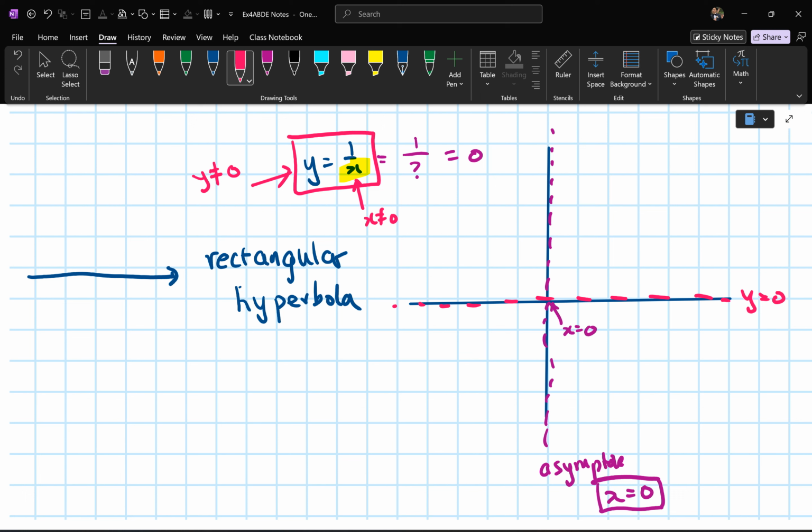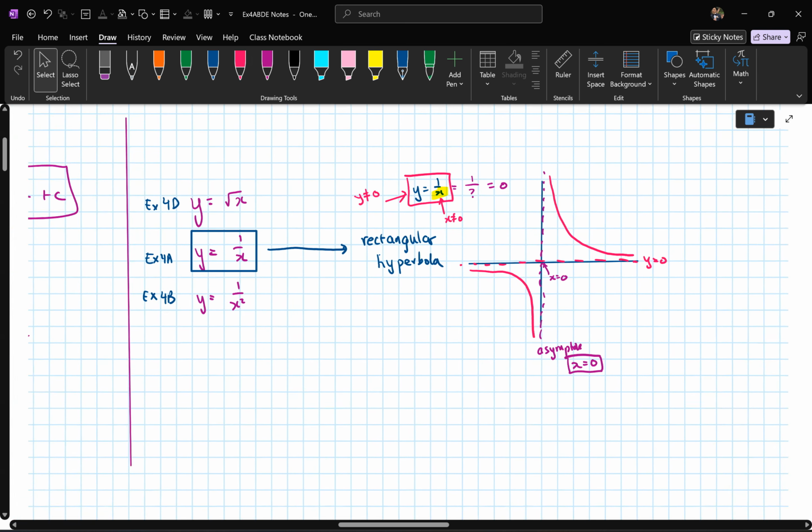That's one of the first things you should think about. So you can't have 1 divided by 0, but if you can do 1 divided by something, it can never actually equal 0. So hence you get 2 asymptotes, you get a horizontal, you get a vertical, and this is what your shape looks like. Okay, that's a rectangular hyperbola from your notes from before.